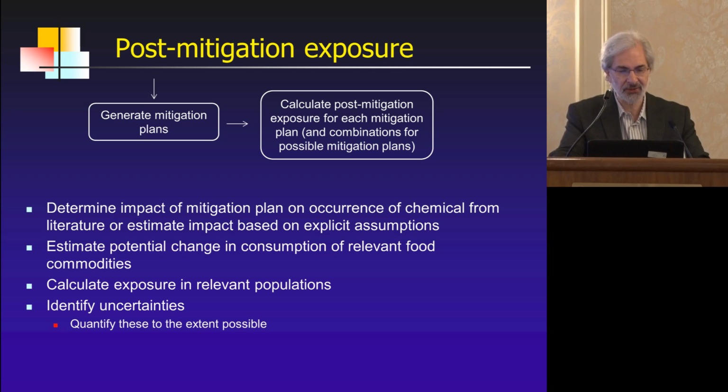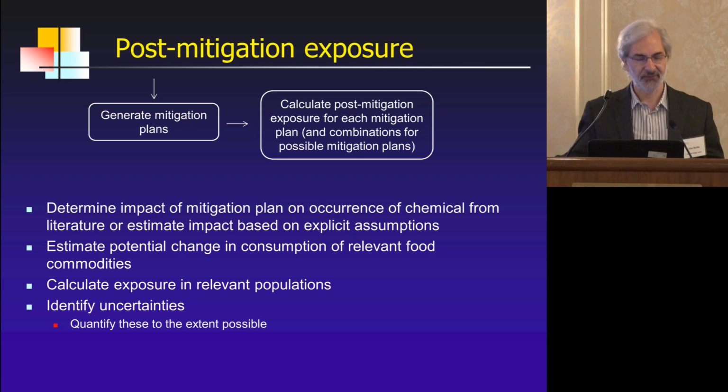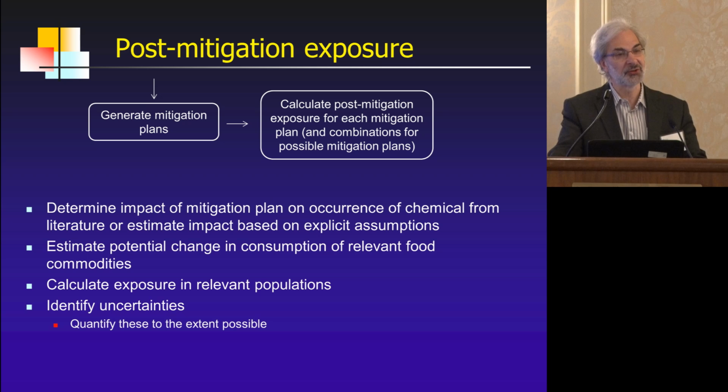Estimate the change in consumption of relevant food commodities, or potential change in the population. There's a lot of social science there where we know what impact dietary advice has on populations and different populations, and we can make conservative assumptions where we don't assume that when a government agency says, we recommend that you cut your intake of fatty food to 5% of what it is now, that everybody's going to do that.